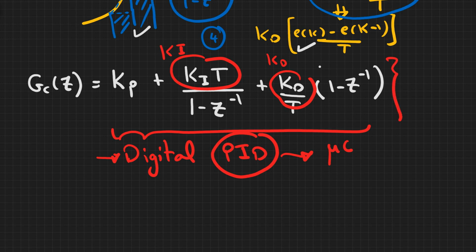This is one of the most famous structures of the digital PID because it's quite simple. But as I said, you don't have to use this one. This is not the only structure that you can use. You can use other structures.